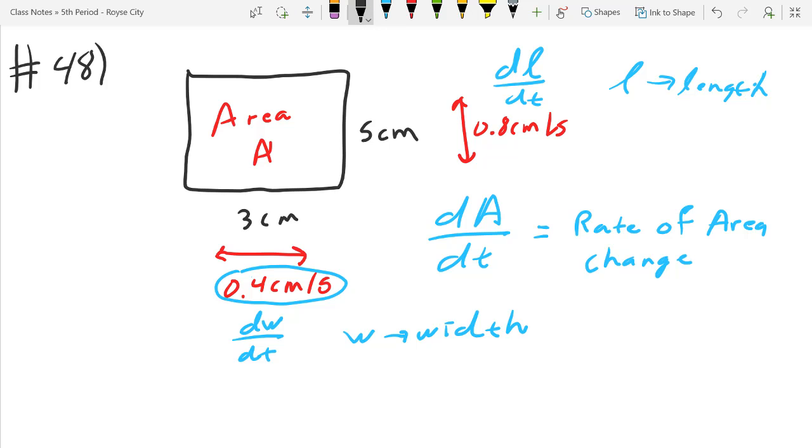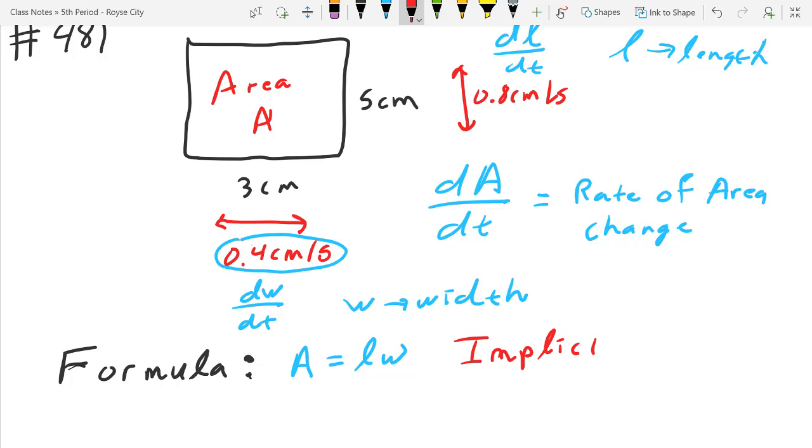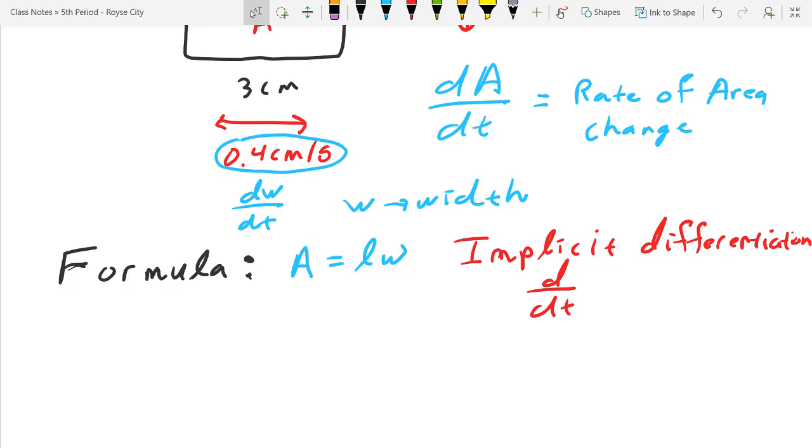Alright, now to work this kind of problem, we need a formula of some kind which relates area to length and width. Well, the area of a rectangle is just A equals L times W. And so with this, we're going to use implicit differentiation, where we're going to take the derivative with respect to time of both sides of this equation.